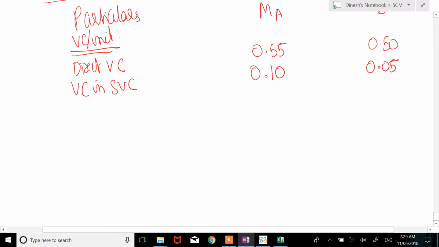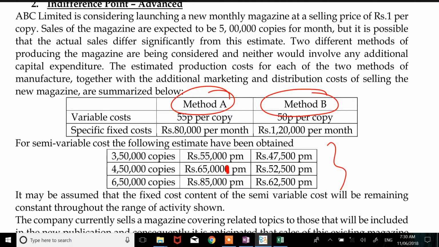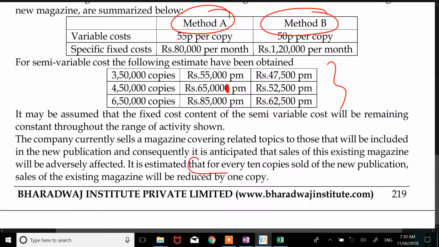VC in SVC. One is a direct variable cost, second is the variable component in the semi variable cost, third one is variable opportunity cost. Now please listen. Any doubts till now? We are losing one copy for every 10 copies sold.